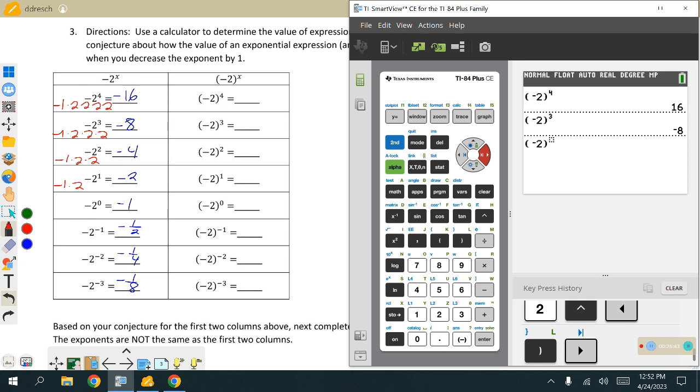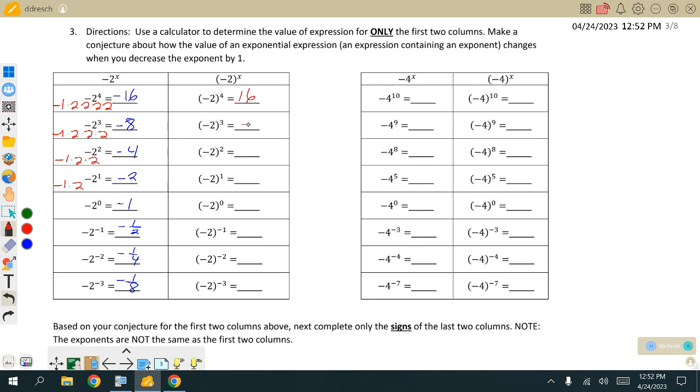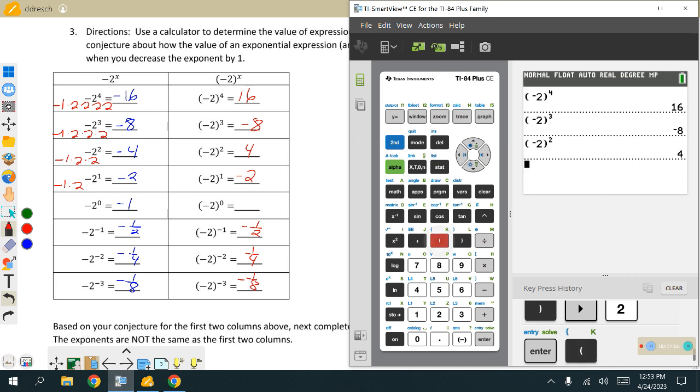And keep going down, fill up the line there. You would do it to that power.